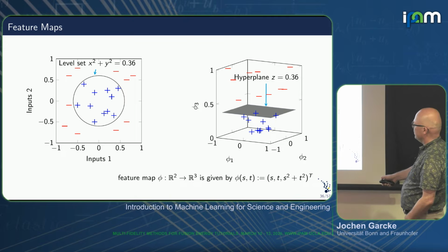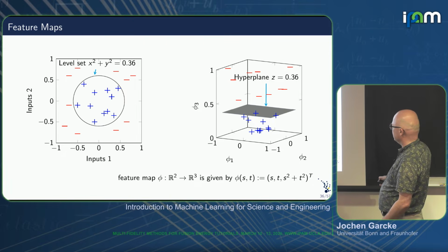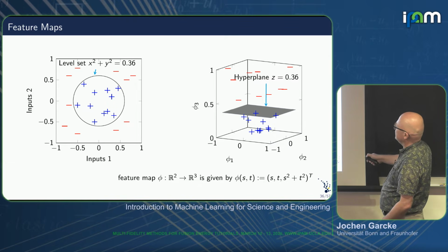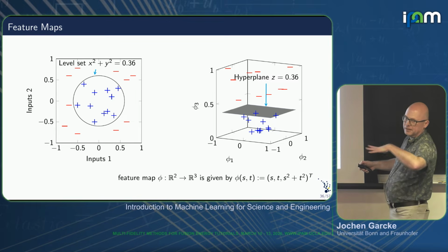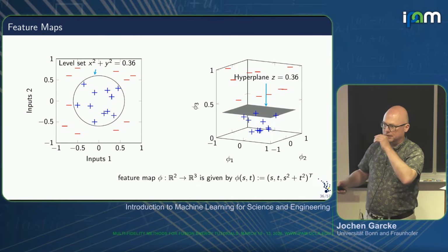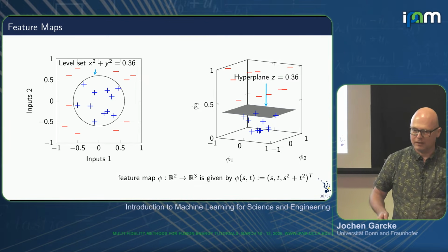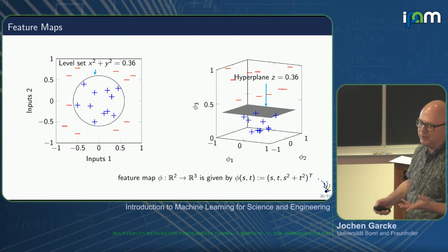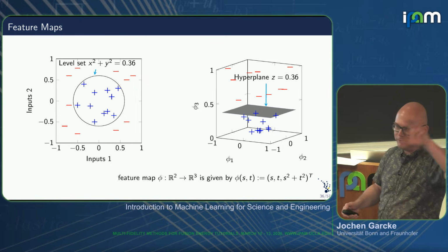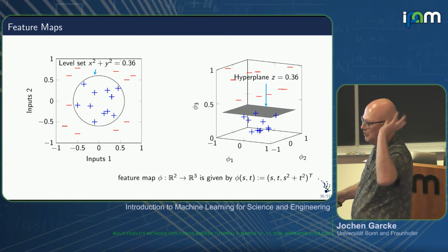So I go from 2 dimensions to 3 dimensions, where the third dimension is s squared plus t squared. And then if I transform this data into 3 dimensions, I can again linearly separate with a hyperplane. This is the original motivation of the support vector machine, which was the machine learning procedure 25 years ago.